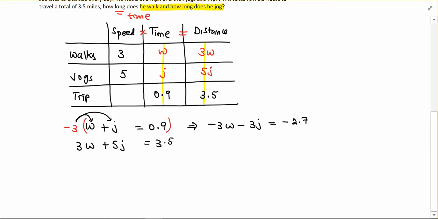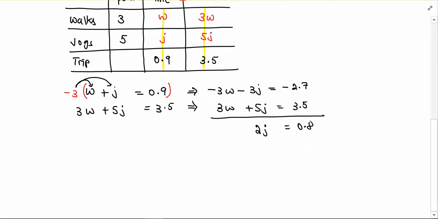Yep, 2.7. And over here we have 3W plus 5J equals 3.5. If I add these, the W's cancel, and I get 2J equals 0.8. Dividing by 2, I get J equals 0.4.